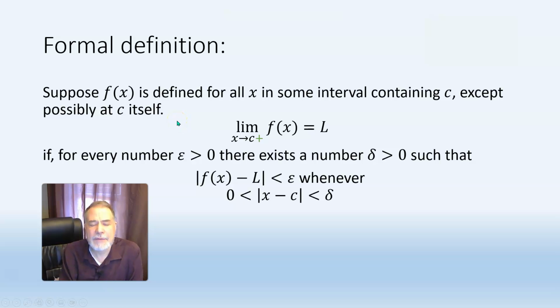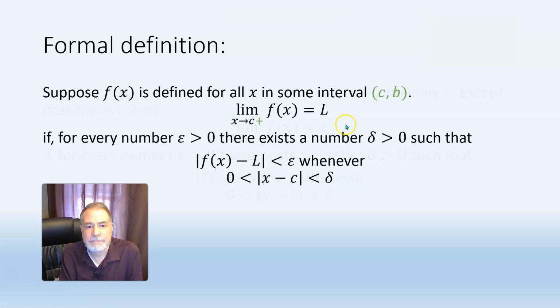We only have to have f of x defined when x is greater than c. So we can say, suppose f of x is defined for all x in some interval from c to some other number b. So that's the numbers that are greater than c.